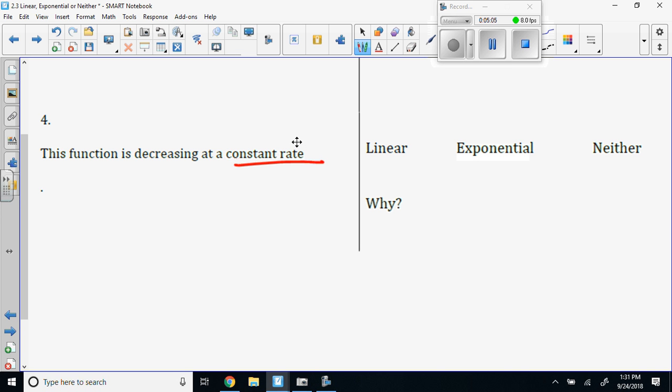Rate is not the same as what? You understand? So, okay, hold up. How many of y'all put linear? I'm just curious. How many of y'all put exponential?